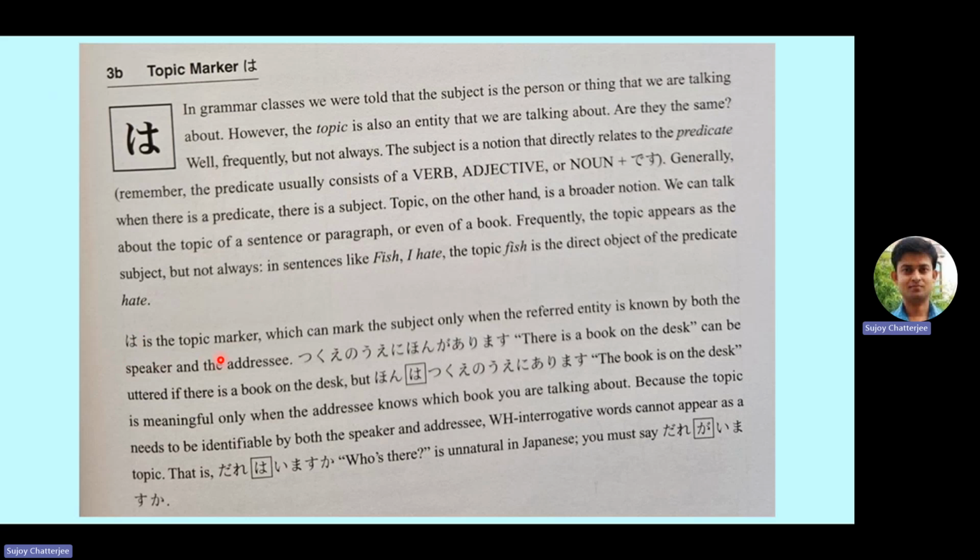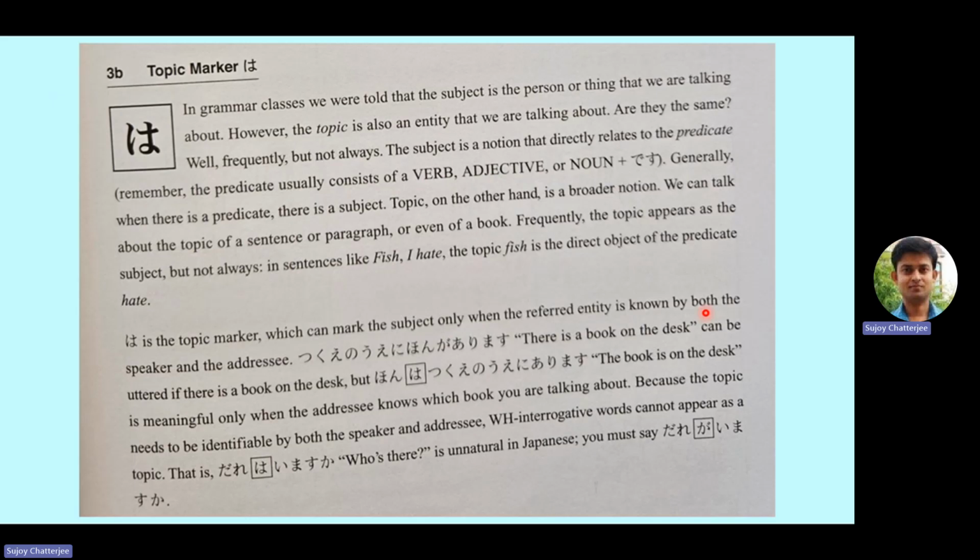Wa is the topic marker which can mark the subject only when the referred entity is known by both the speaker and the addressee, as we studied in the previous section. Tsukue no ue ni hon ga arimasu, there is a book on the desk, can be uttered if there is a book on the desk.